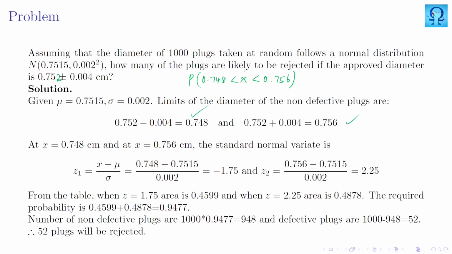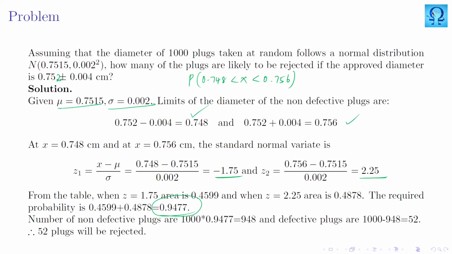Whereas in the question we are asked to find the number of plugs which are rejected. First of all, let us identify the probability of acceptance. We have this one, and also we have the mu value and sigma value. We standardize it. If you calculate the standard variables at the left and right, you get these two values. After standardizing, you calculate the probability and that comes as 0.9477.